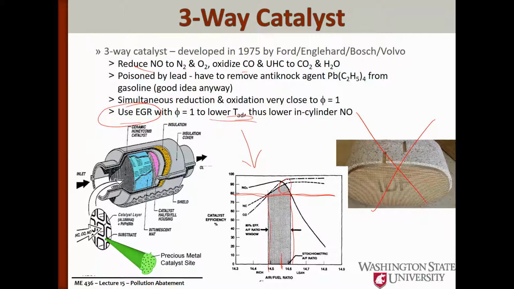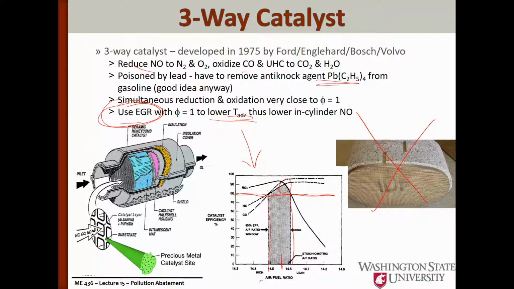When Ford and GM and others started adopting the three-way catalyst, the Japanese auto manufacturers used exhaust gas recirculation and pumped that back into the engine. And they were able to meet the first generation standards that way while still using the leaded fuel. And at the time, leaded fuel was significantly cheaper.